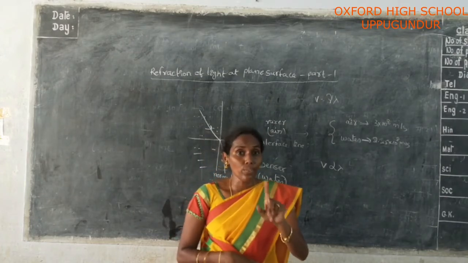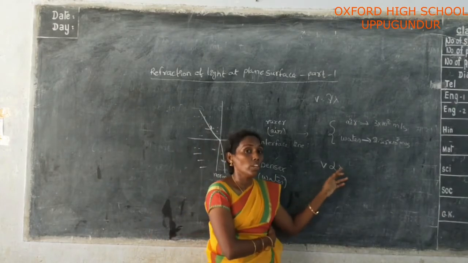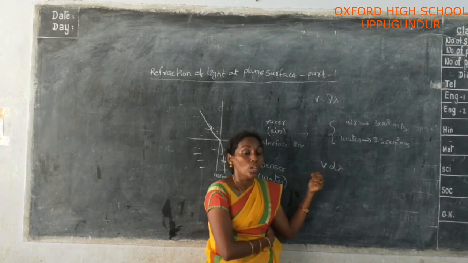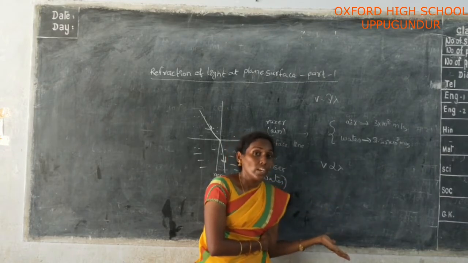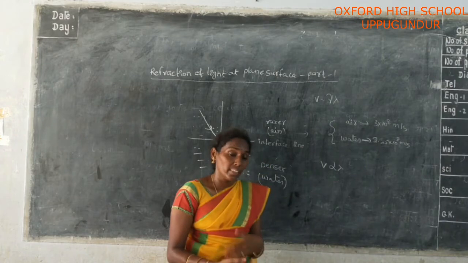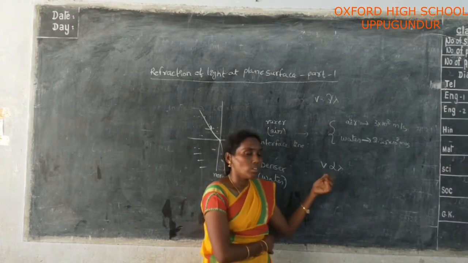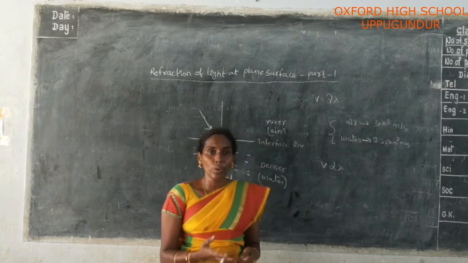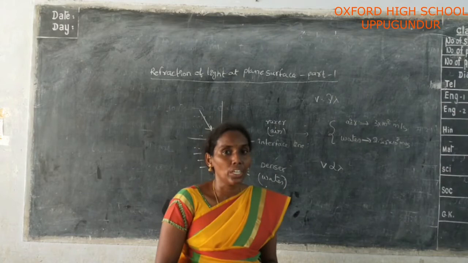When the light ray travels from one medium to another medium, the change in wavelength leads to the change in velocity. Both are directly proportional to each other. That's why when velocity changes, at the same time wavelength also changes. This change in velocity is responsible for the deviation of the light ray from its original position.